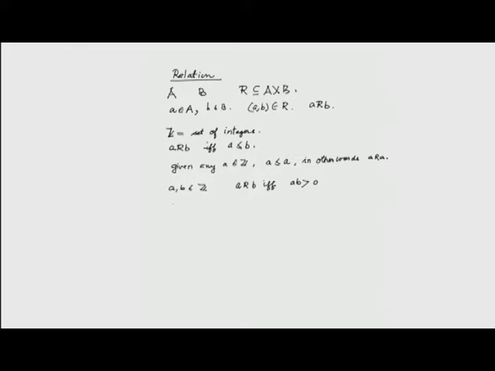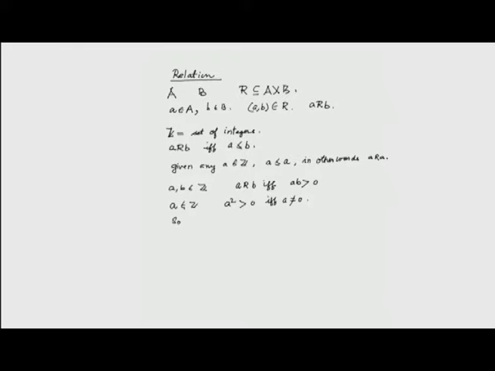Take any a belonging to Z and consider the product of a with itself, that is a squared. Now, a squared is greater than 0 if and only if a is not equal to 0.